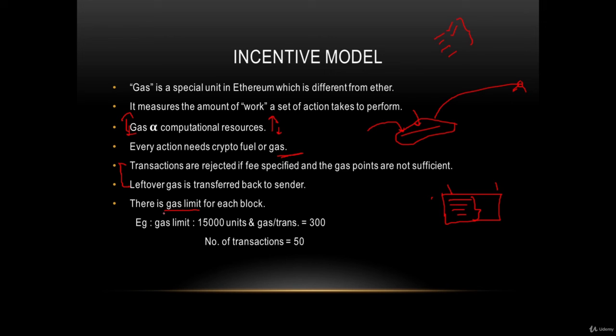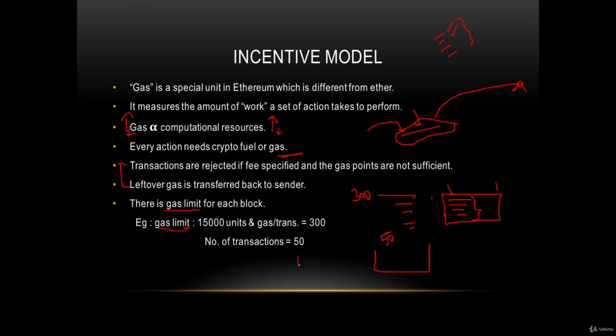So we have an example out here. If a block has a gas limit of 15,000 units or points, and there are a lot of transactions in the mining pool, and each transaction has, say, 300 gas points for its execution, then in a block he can at the max put 50 transactions.